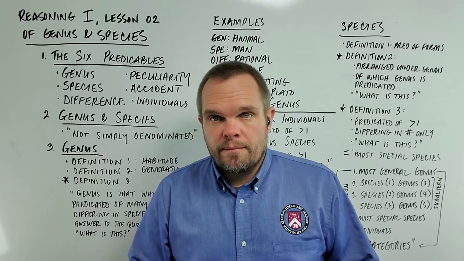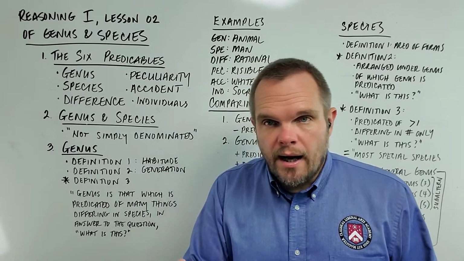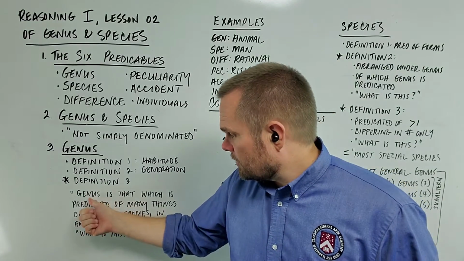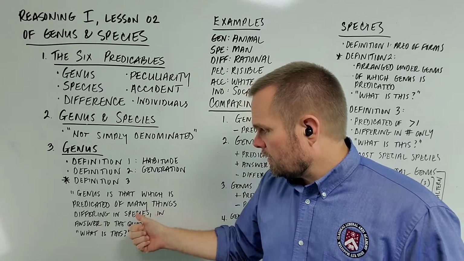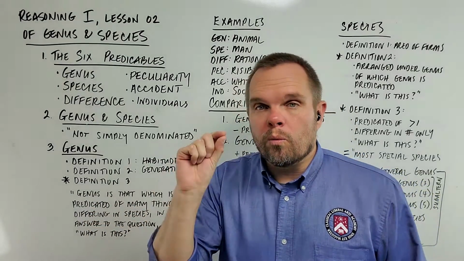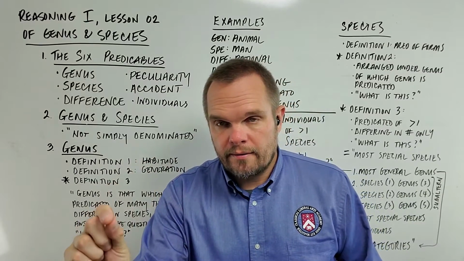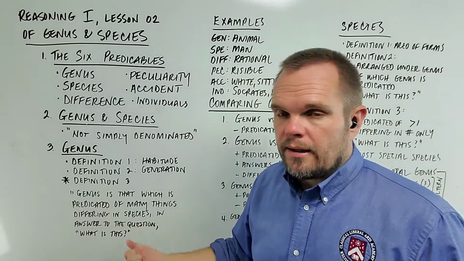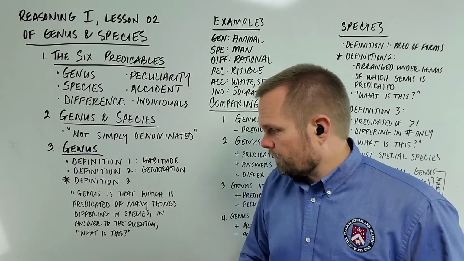You see the difference? Brown is not a genus. A genus is predicated of many things which differ in species, and it answers the question, what is that? Brown would not be a genus. It doesn't answer the question, what is this?